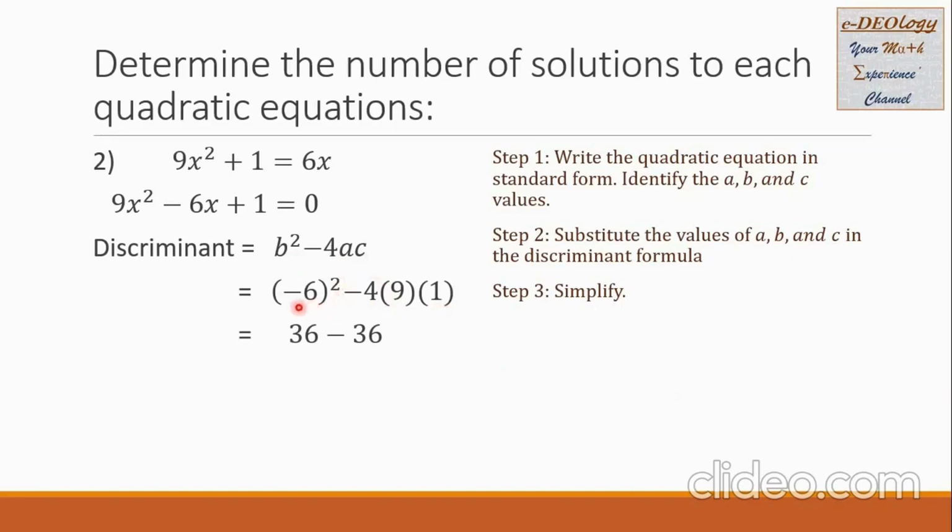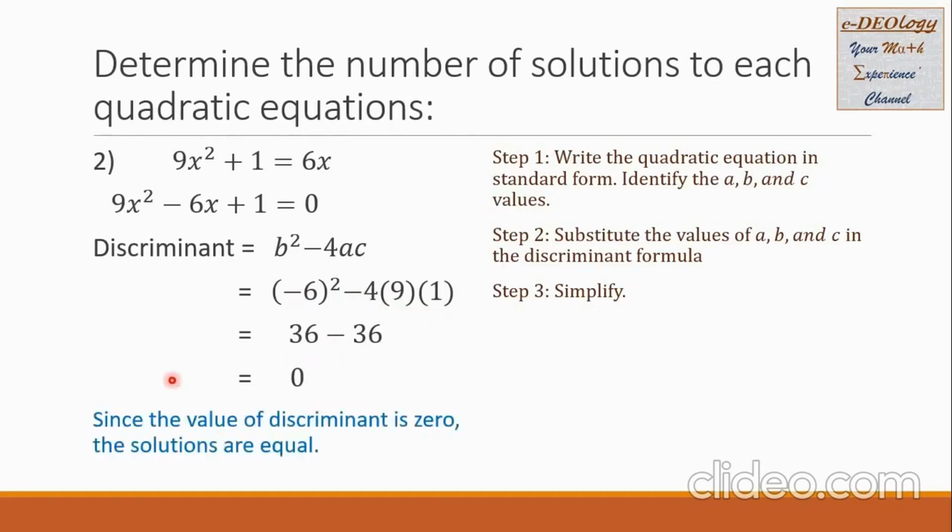The square of negative 6 is positive 36 minus the product of 4 and 9 and 1, which is 36. So we have 36 minus 36 equals 0. Since the value of the discriminant is 0, the solutions are equal. Or we can say there is one real solution.